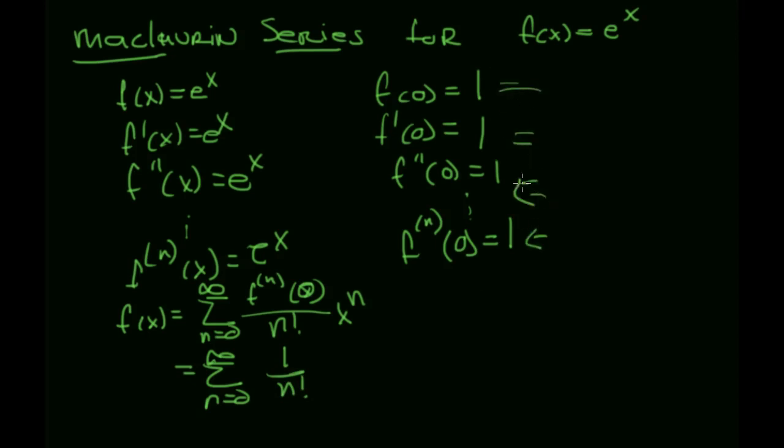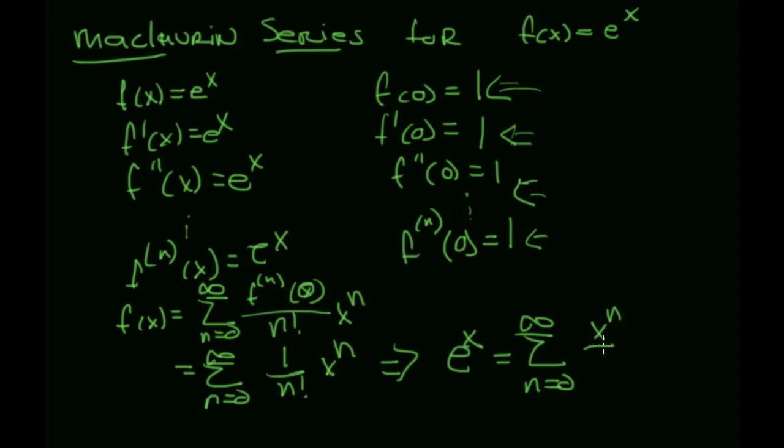Now, they don't always come out that way, but here the coefficient is just 1 over n factorial, which means that e to the x is equal to the sum from n equals 0 to infinity of x to the n over n factorial. Now, that seems almost too good to be true, but in fact, this is the series.